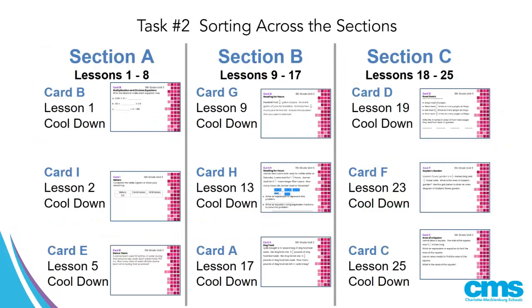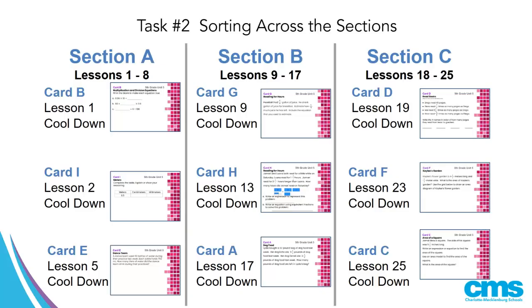Here are the sections with the aligned cards. Cards B, I, and E are cooldowns in Section A. This section focuses on measurement conversions. The section begins with NBT1 work multiplying and dividing by powers of 10. This prepares students to convert metric length, mass, and capacity units in the next few lessons.